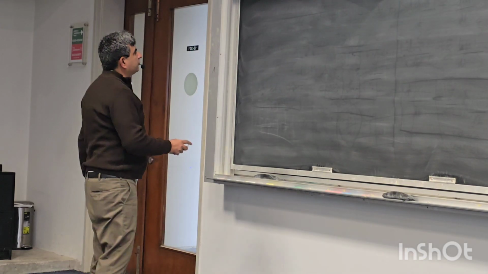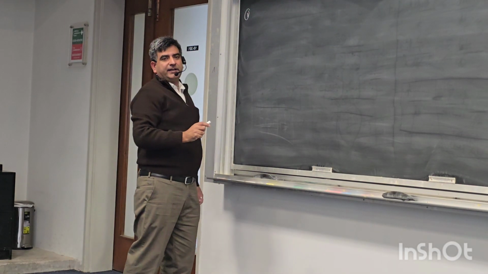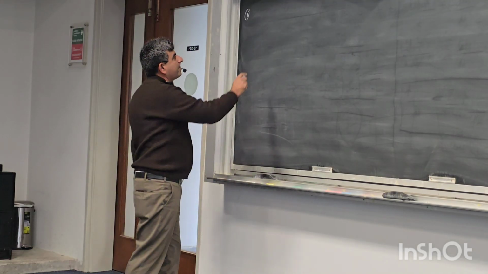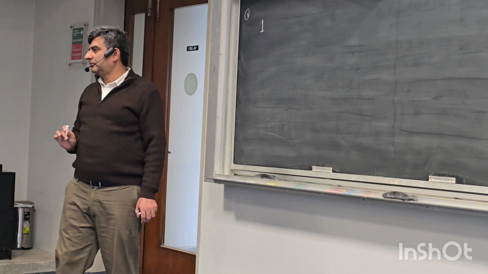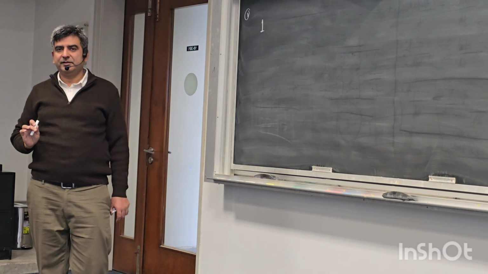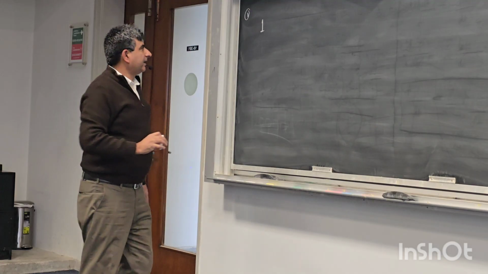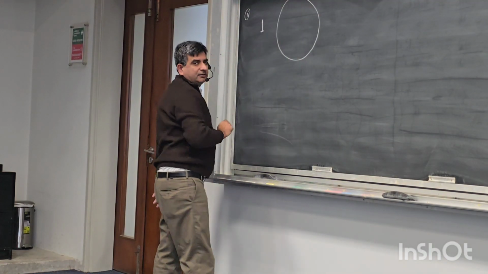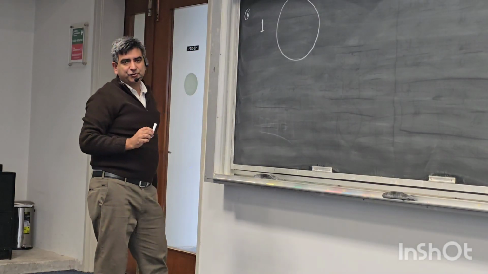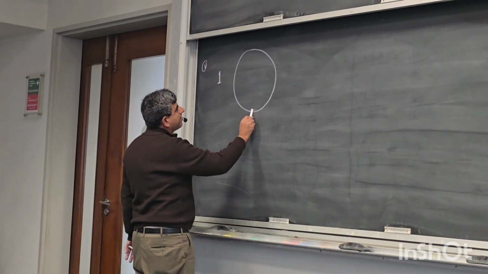Okay, so group number 1 is simply the do nothing group. And it has one symmetry element, just the identity operation. And if I want to represent this, I can draw a circle. Now what I'm trying to do is drawing a stereographic projection or a stereo diagram.